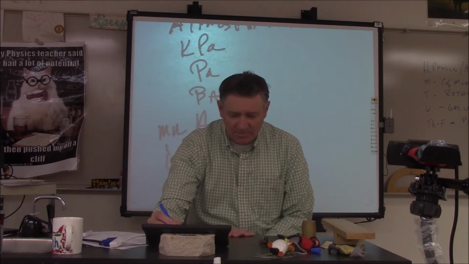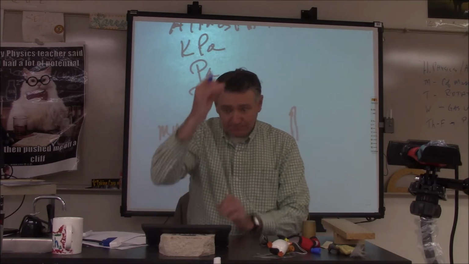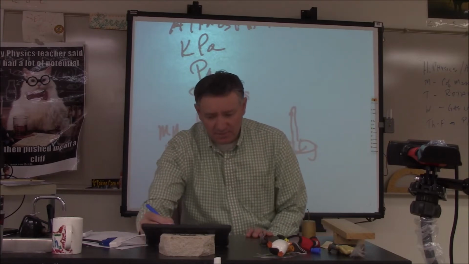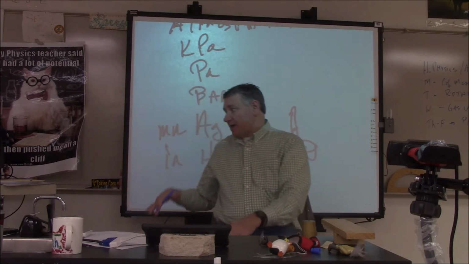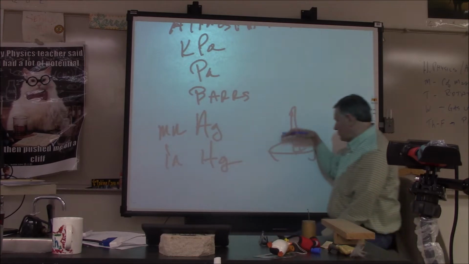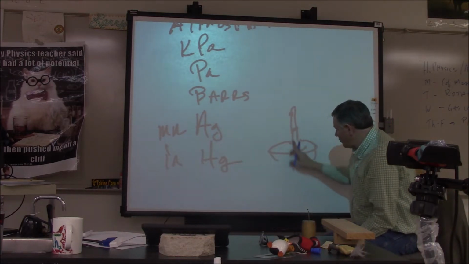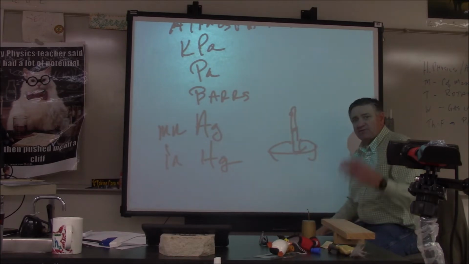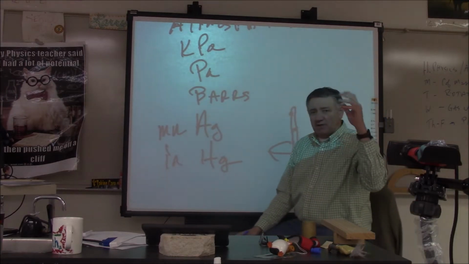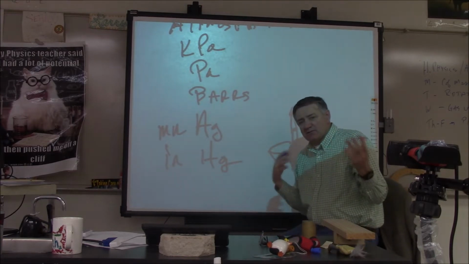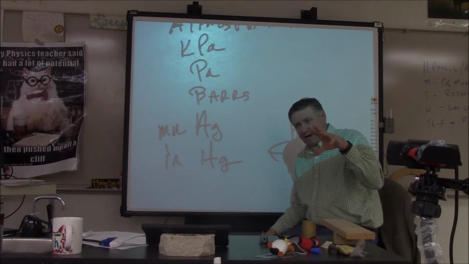That comes from how they used to measure atmospheric pressure. They would have a column sitting in a pool of liquid mercury, and the atmospheric pressure pushing down on this pool of mercury would push that column up. If you've studied meteorology, you have low pressure systems and high pressure systems. Typically when we have nice weather, that's caused by high pressure.